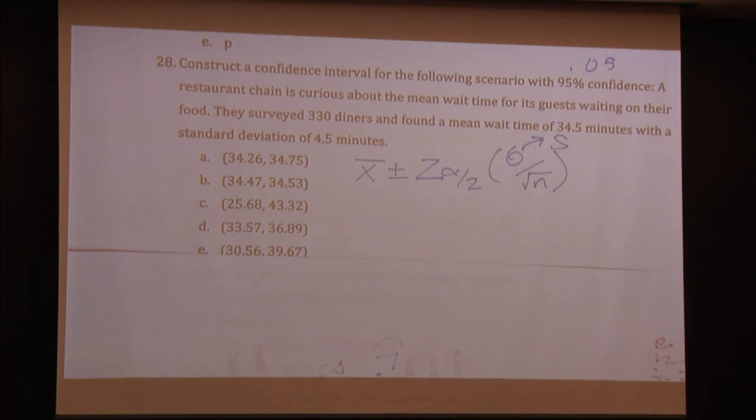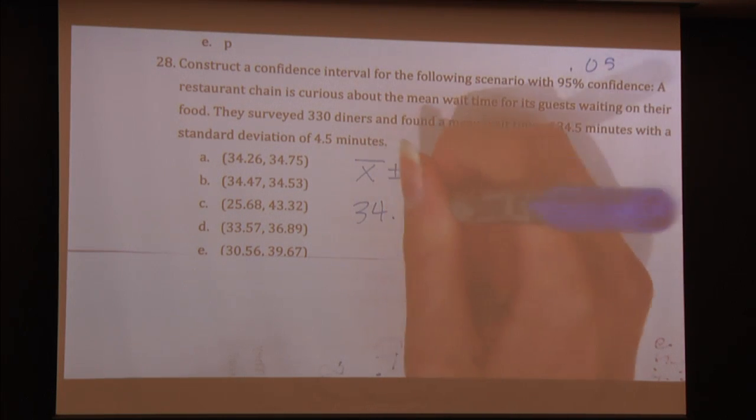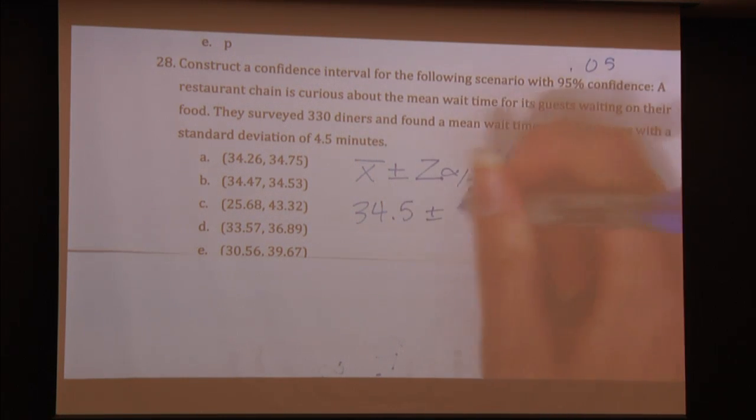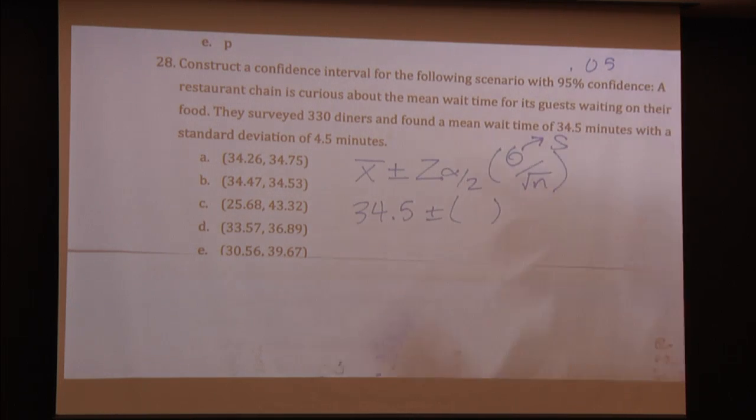Sometimes if we don't have the information available, we use a slightly different form of the formula. What's x bar in this problem? So 34.5. What's z alpha over 2? 1.96.